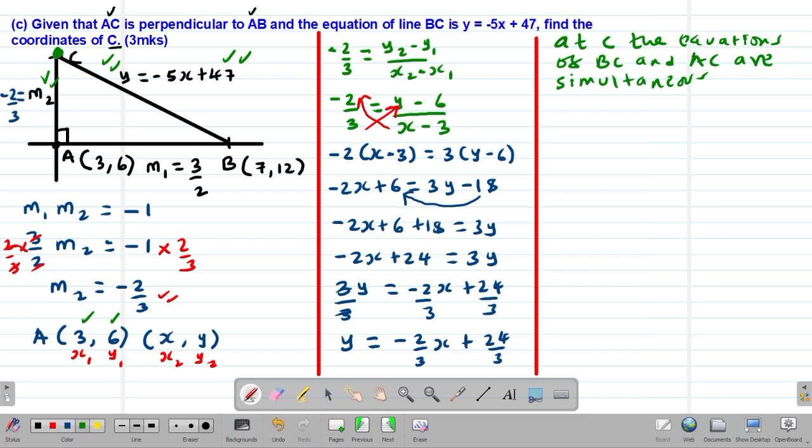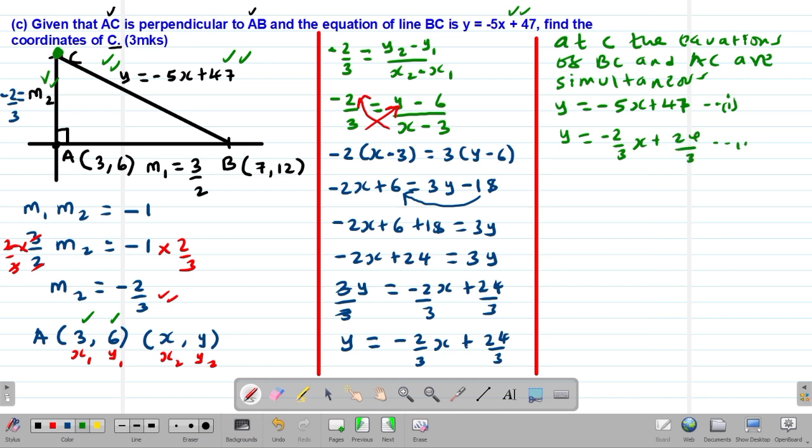Therefore, I'll let the given equation, which is y is equal to negative 5x, then plus 47, be my equation 1. Then the second equation is y is equal to negative 2 over 3x, then plus 24 over 3.